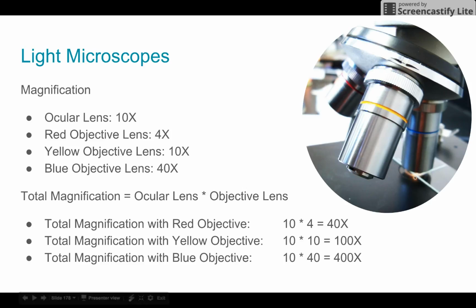The way you determine the total magnification of what you're viewing is by multiplying the ocular lens times the objective lens. So if we're using the red objective, we'll have 10 times 4, which is 40. If we're using the yellow objective, 10 times 10 is 100. Or if we're using the blue objective, 10 times 40 is 400.